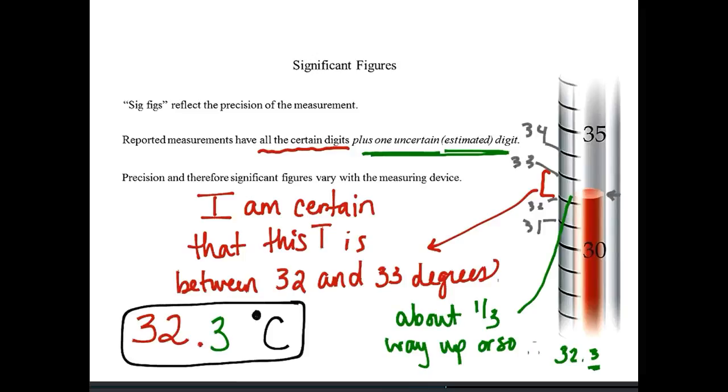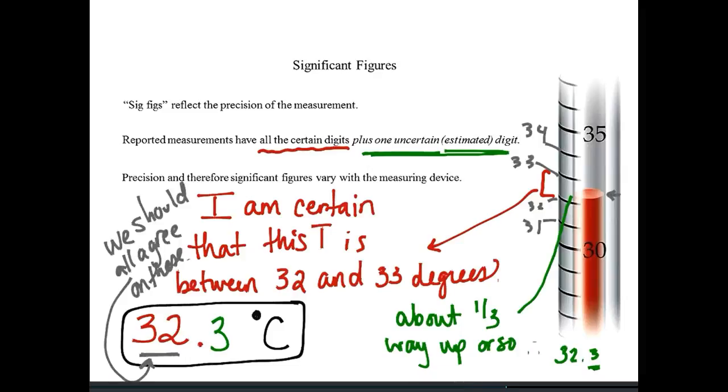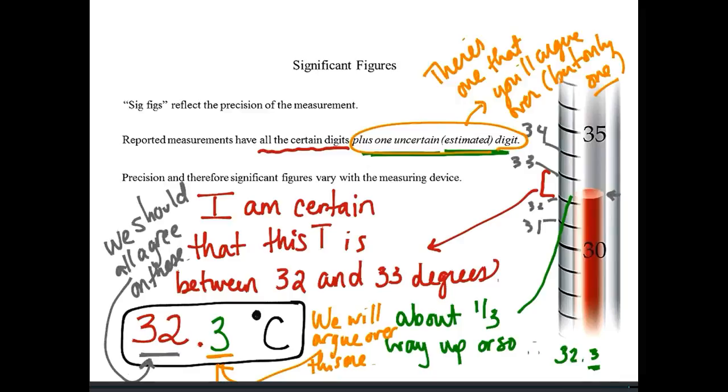Now, some of you might say it's 32.2, some of you might say it's 32.4. That's fine. The 3 and the 2, we agree on those. That last digit, we might have to arm wrestle over, okay? That's the whole point of the measurement. The one uncertain digit is the one you're going to argue about, but there's only one that you're going to argue about.